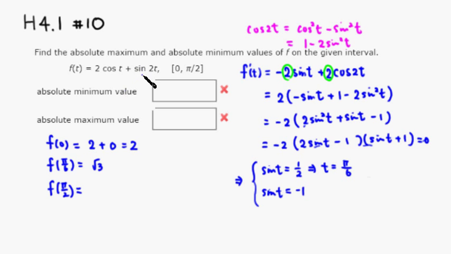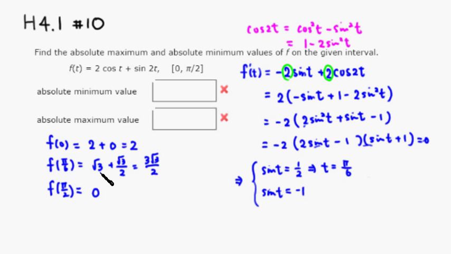Then sine of 2 times pi over 6, so sine of pi over 3, is square root of 3 over 2. So this is 3 square root of 3 over 2. When it's pi over 2, cosine of pi over 2 is 0, and sine of pi is also 0, so this gives us 0.